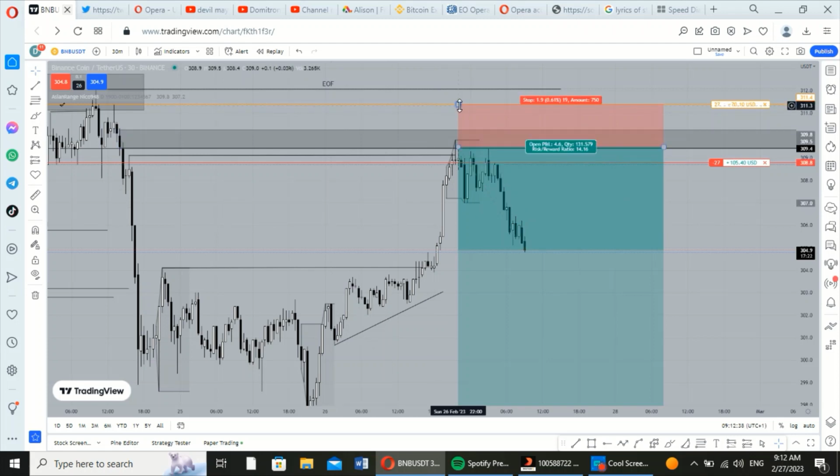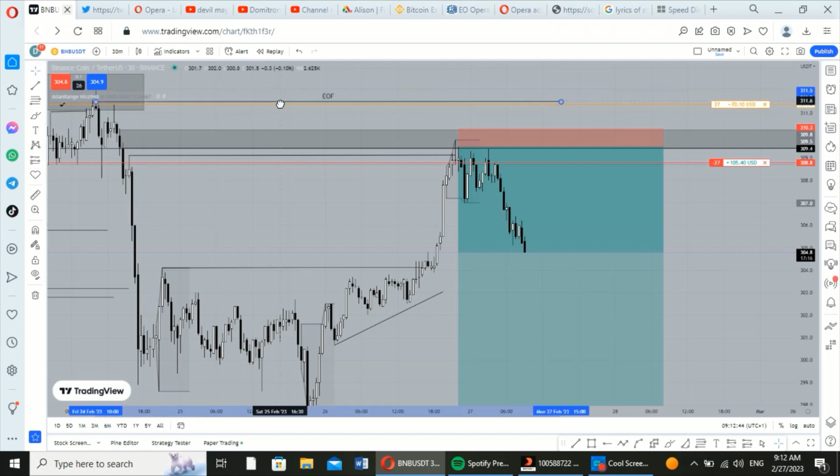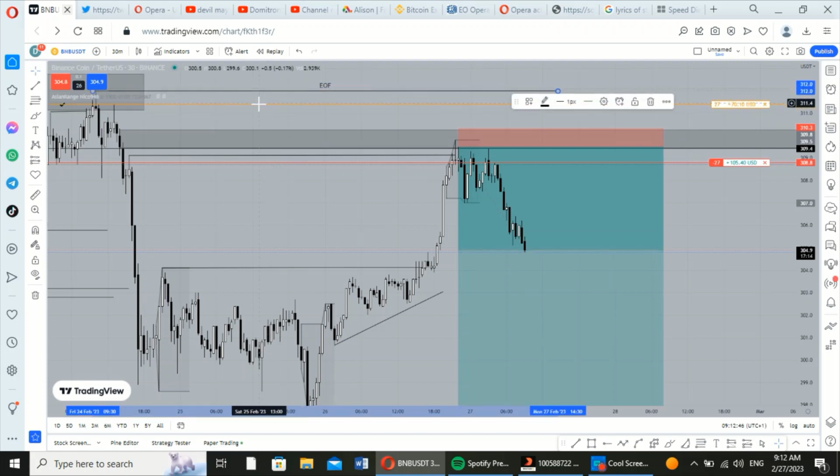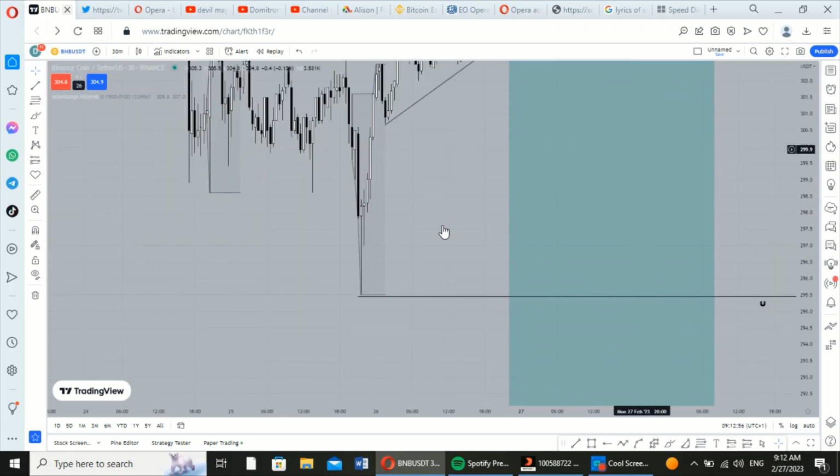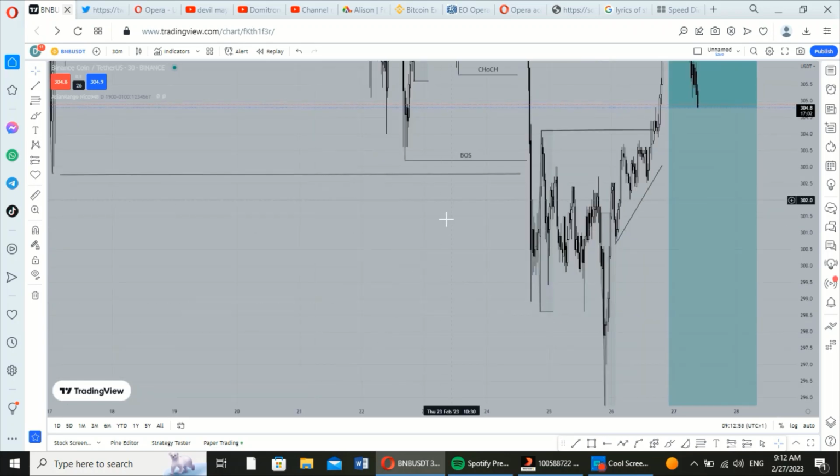So I have set my stop loss to this area right here, so it could be like I'm risking a $40 to target the $700.